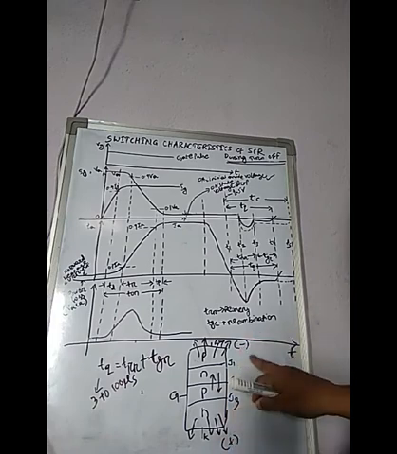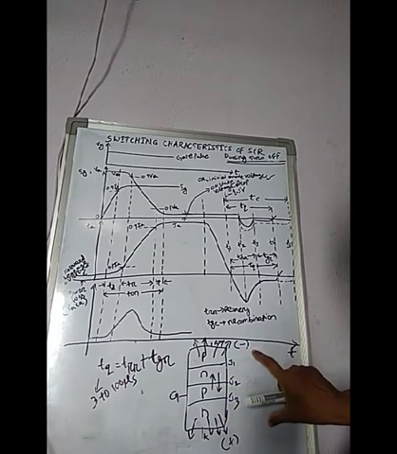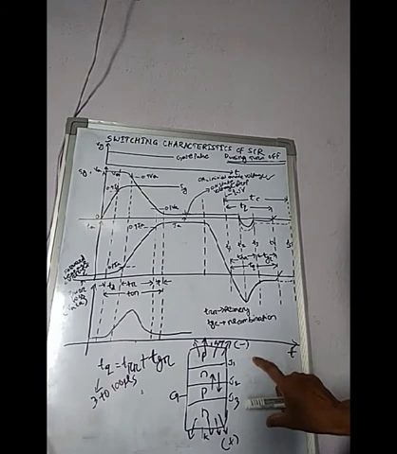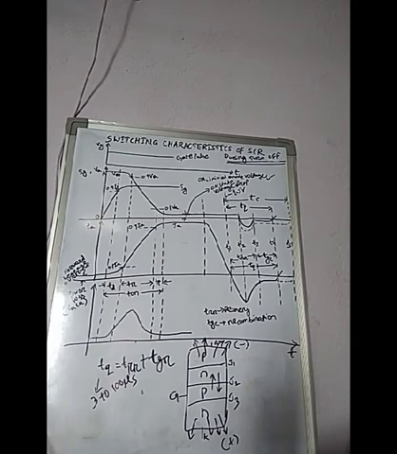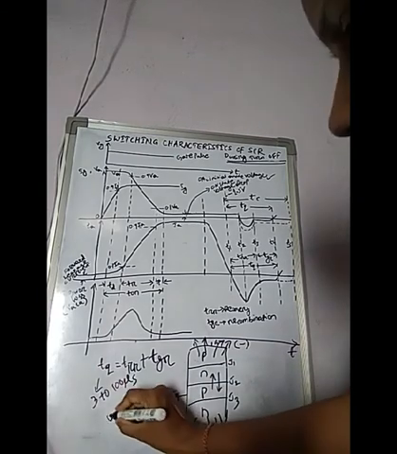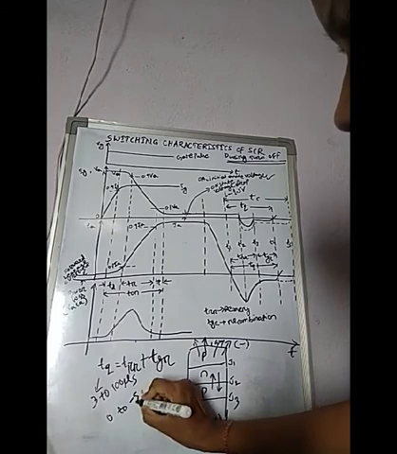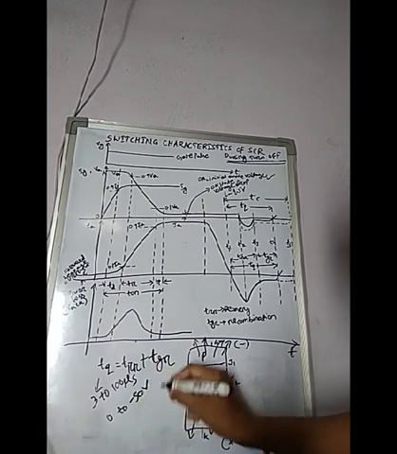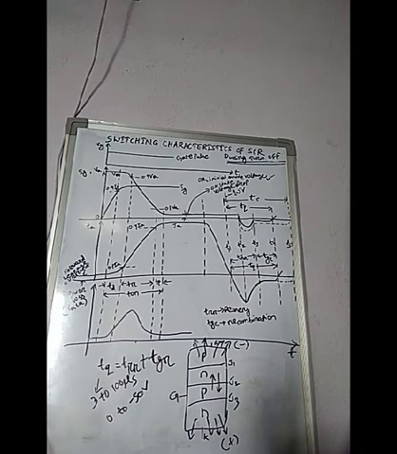If I increase the magnitude of reverse voltage across the SCR, then the turn off time is reduced. Particularly, 0 to minus 50 volt is the range of the reverse voltage magnitude.